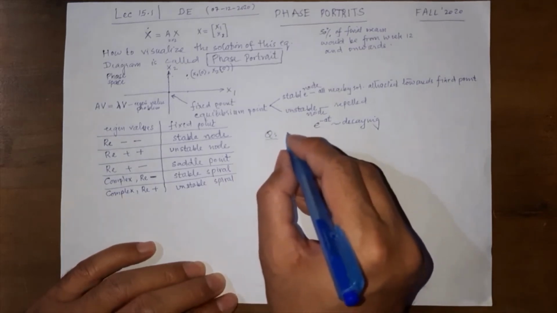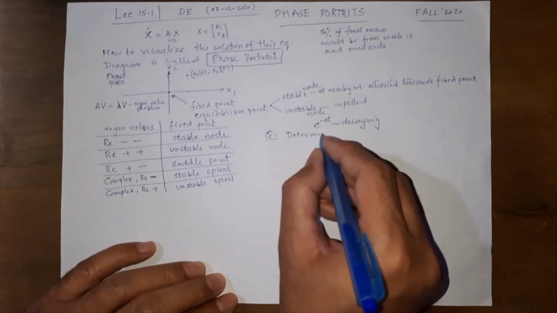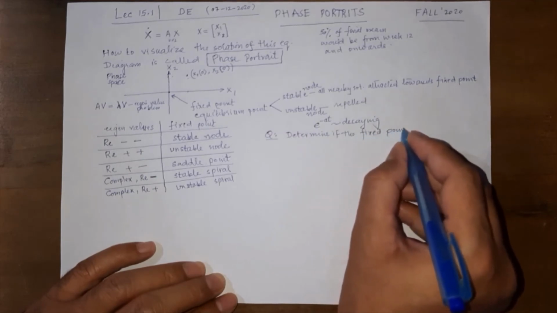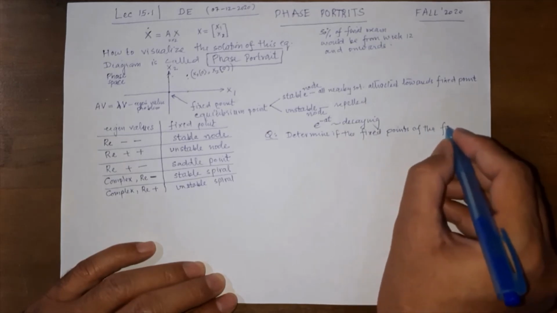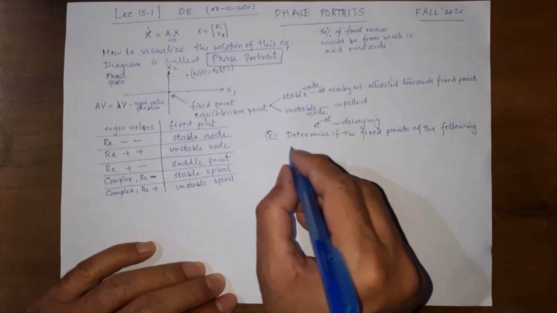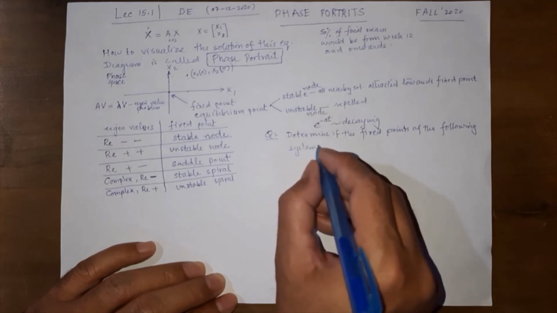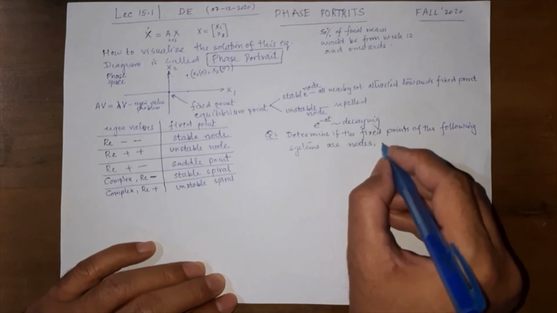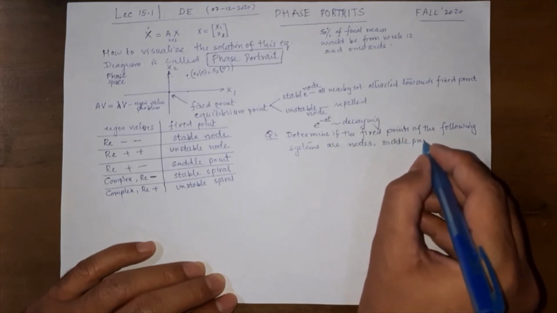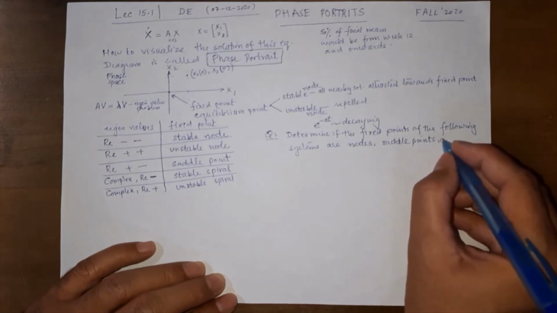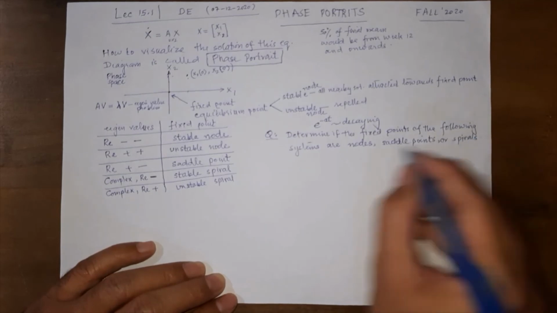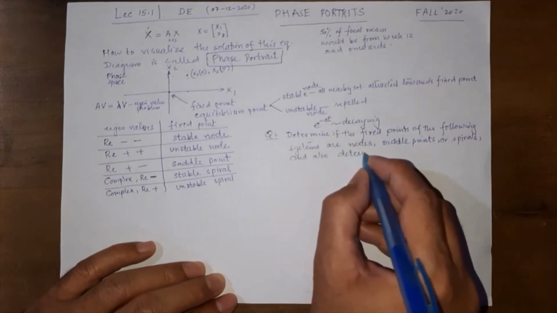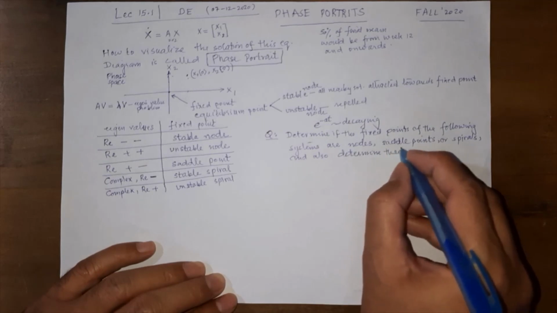For example, a question in the exam may be asked like, determine if the fixed points of the following systems are nodes, saddle points, or spirals, and also determine their stability.